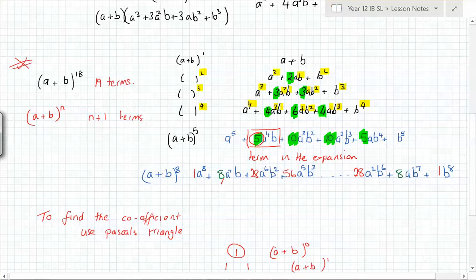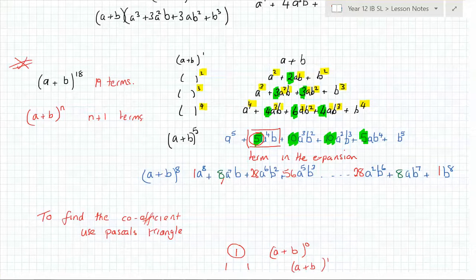Now, if I asked you, and I never would, and neither would an examiner, ask you to write out all 19 terms of that expansion, you would be able to do it. That's not the problem. Because what's the first term? A to the power of 18.